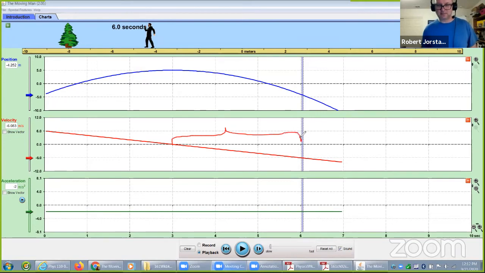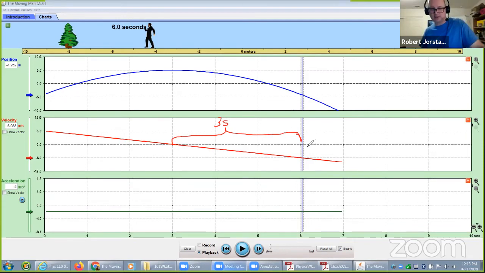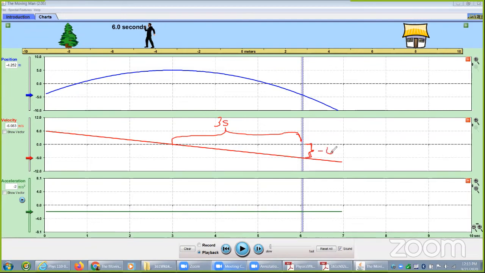How much time has passed, just on that time interval? 3 seconds. What's the height of this triangle down here? -6 meters per second.